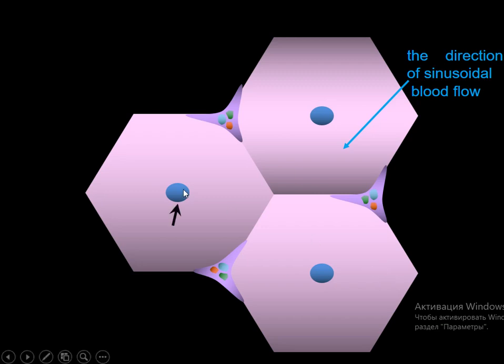So here we see the central vein, in the periphery portal tracts, and they contain branches of bile duct, portal vein, and hepatic artery.